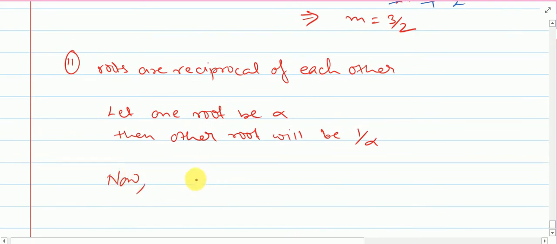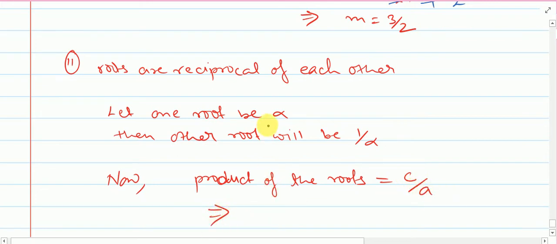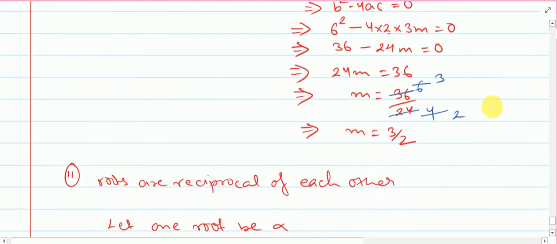Now the product of the roots will be how much? It will be c by a. So here we have taken one root alpha, so the other will be 1 by alpha. So alpha into 1 by alpha, and here you have to see what is your c and a.